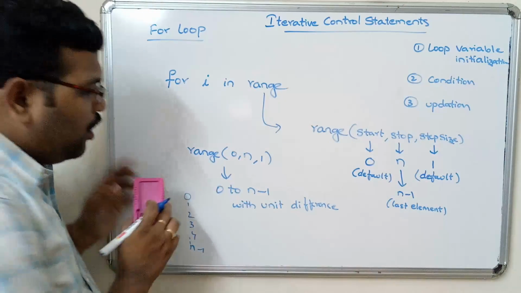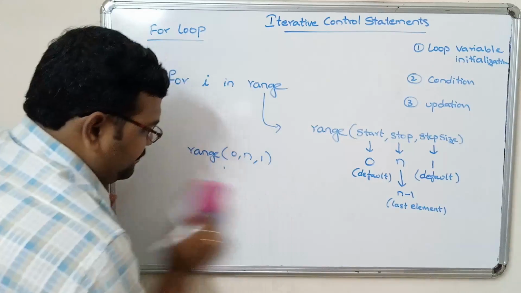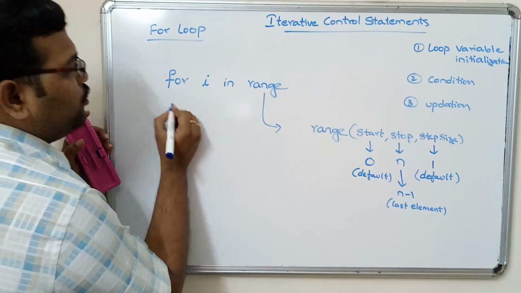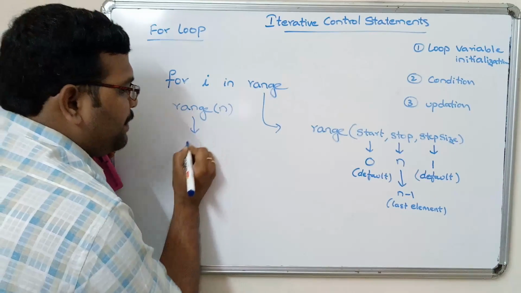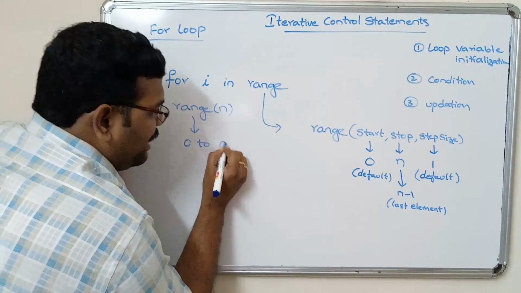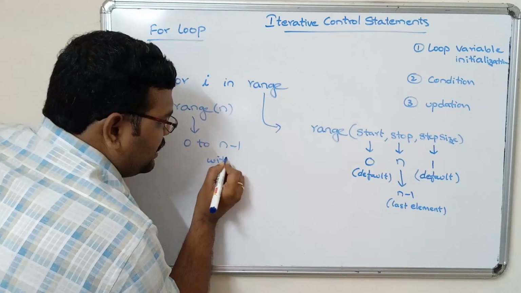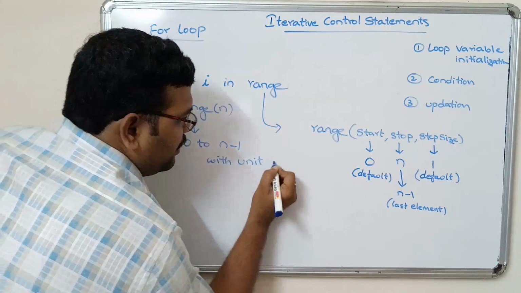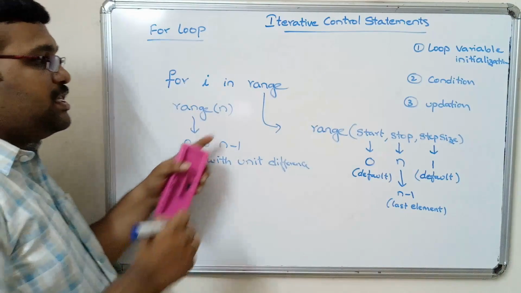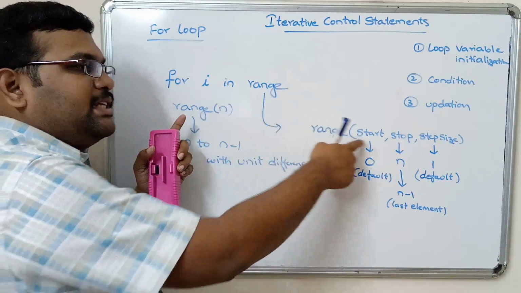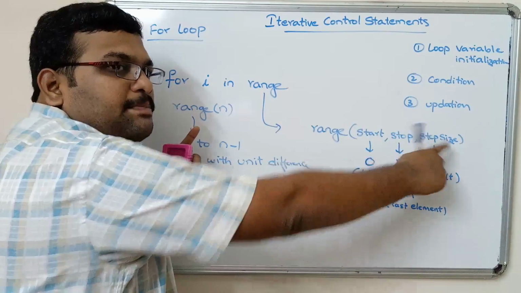Or else, simply we can mention only the range value, range of n. This implies 0 to n minus 1 with unit difference. Because here we are not mentioning the start, we are not mentioning the step size.